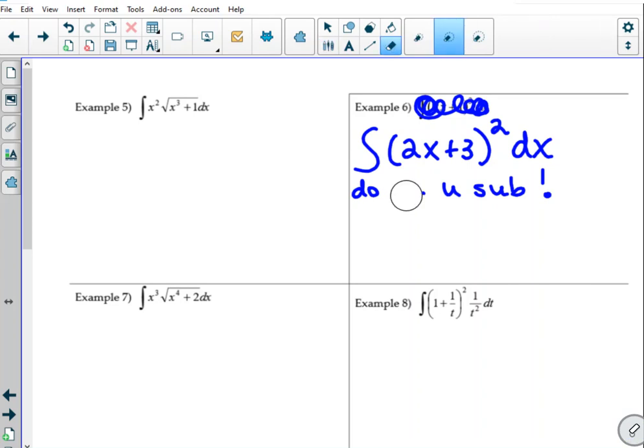Get a u substitution based answer, and then we'll check and see if that answer and the answer we got at the beginning of class with the 4/3 and everything are in fact the same. So try number 6. Number 6 works just very similarly to number 3.